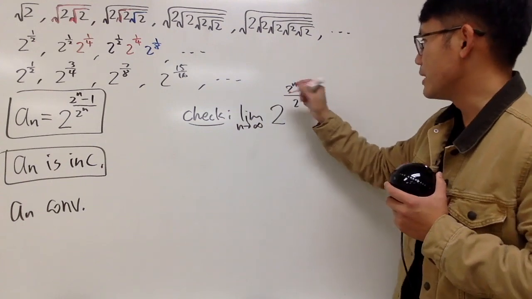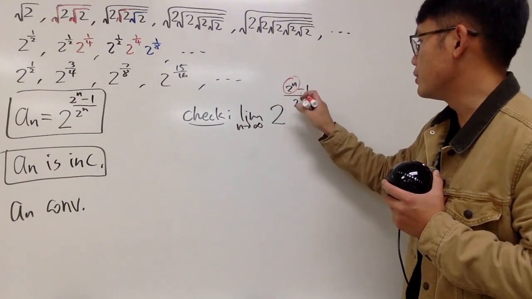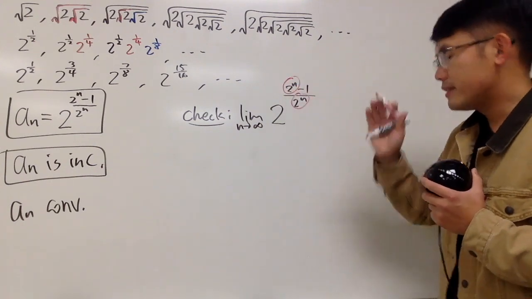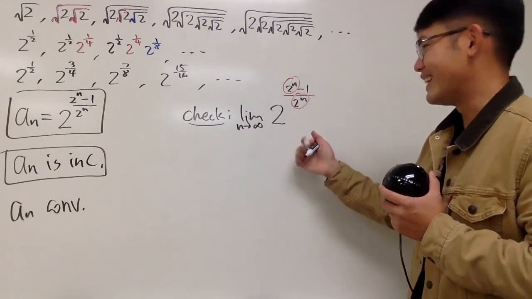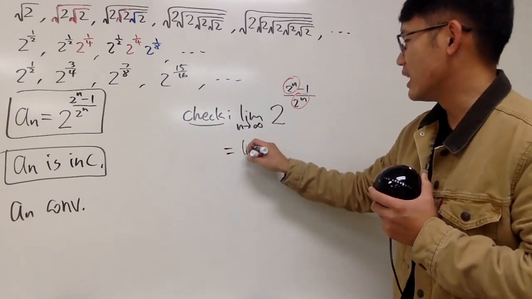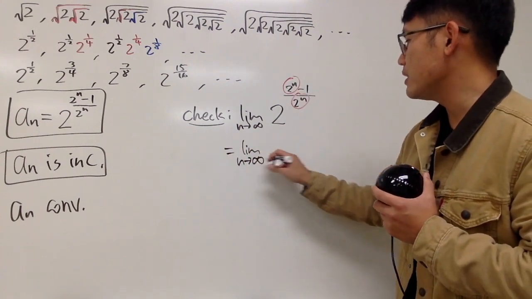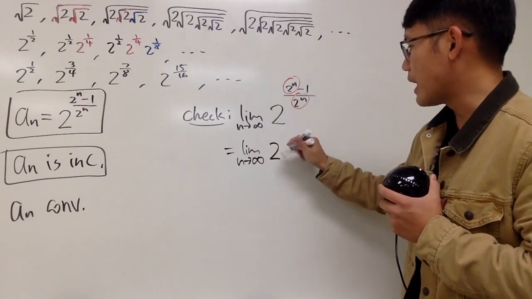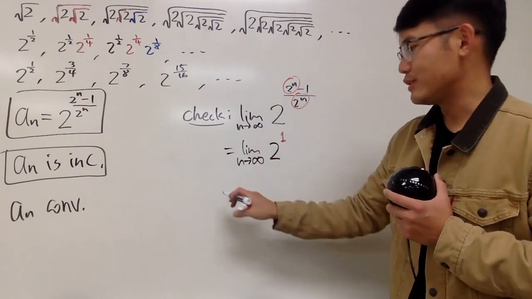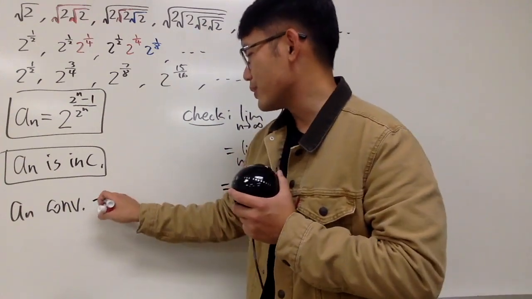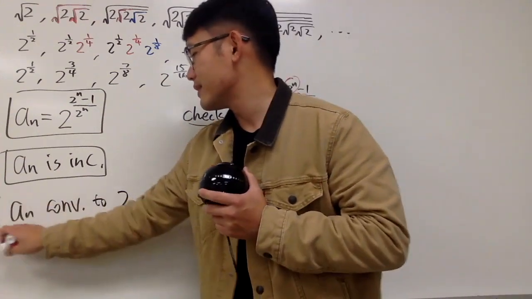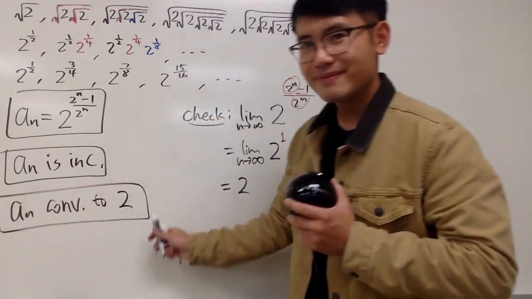The minus 1 doesn't matter. You just worry about the dominating part, right? And you will see it's just 1. And in the end, you get the limit as n goes to infinity of 2 raised to the first power. So yes, the answer is just 2. So in other words, a_n converges to 2. That's it.